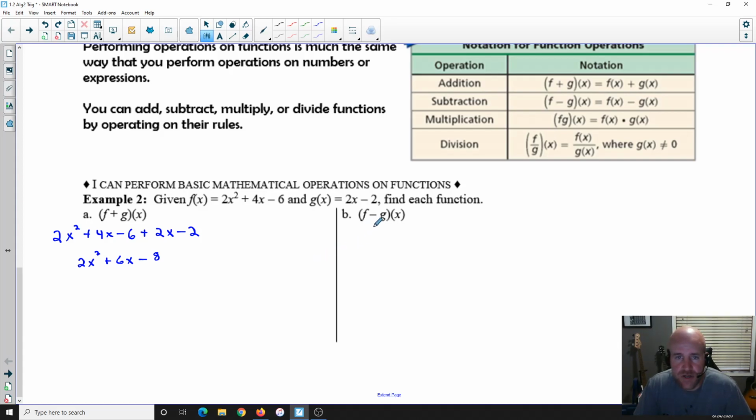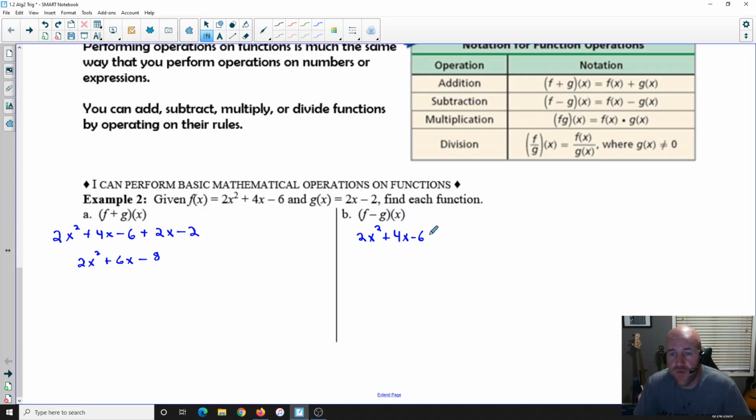Moving on to subtraction, f minus g. So again, order is super important in here because of the subtraction. It doesn't really matter a whole lot for addition, but it's nice just to keep in the same state. So we have f. So we're going to write, again, f as it stands. So 2x squared plus 4x minus 6.